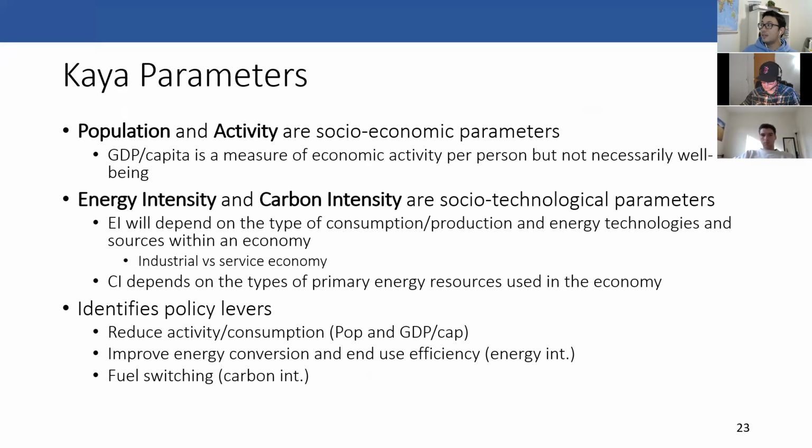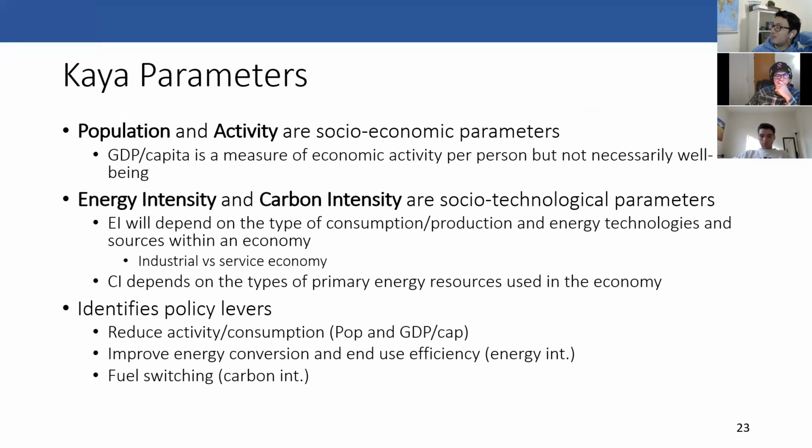And we tend to think that GDP per capita increasing is a good thing, right? In economics, that essentially means that people are wealthier and therefore better off. You have more utility.